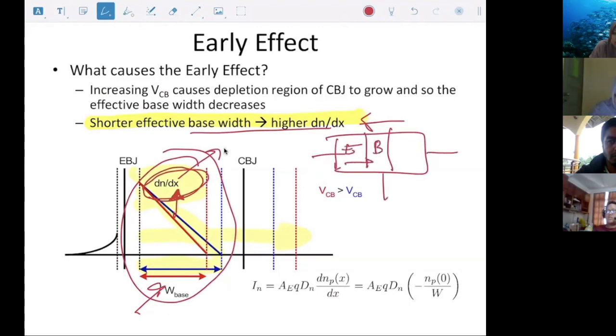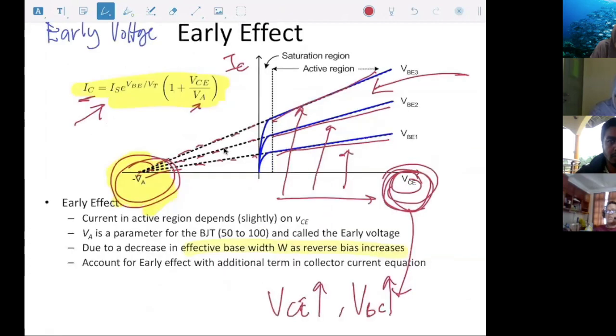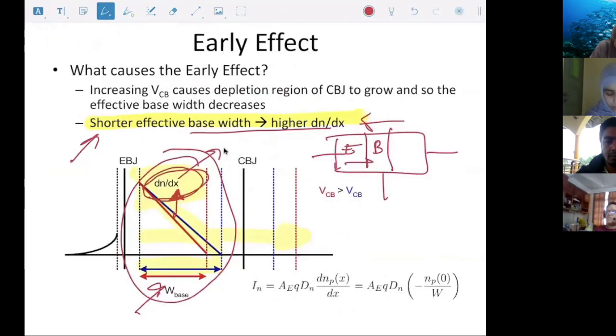Which means that if you look here, the collector current becomes higher as we increase the VCE, because you have increased the diffusion current, because the gradient changes now. The base width is not constant. So that's the explanation about this.